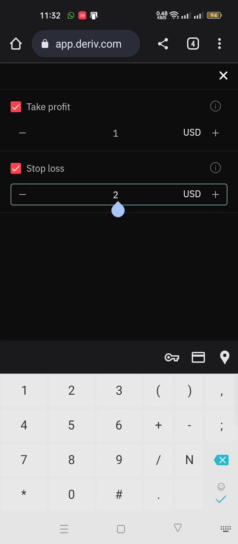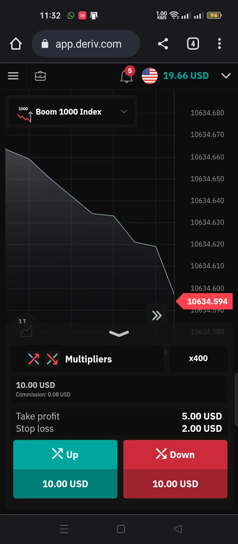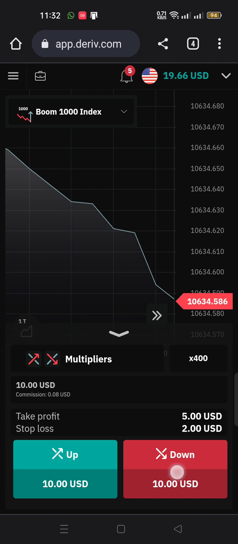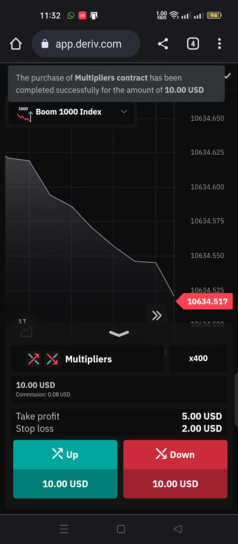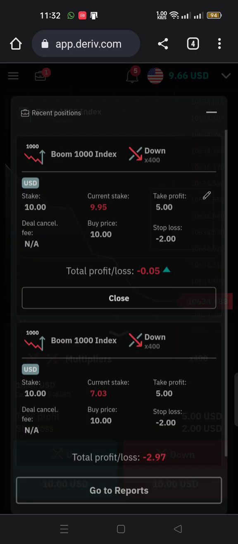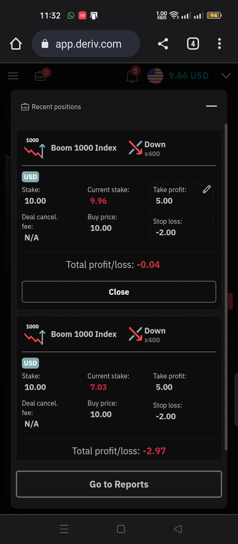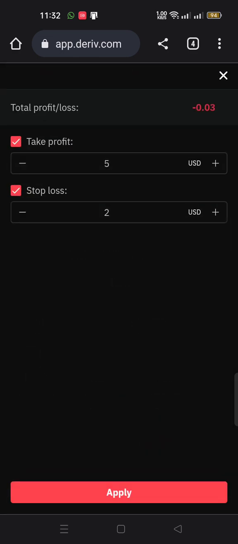Stop loss, you can have it maybe at $5, somewhere there, or you can have $2 here. Then you can still place your trade there and see. So we've placed a trade of $10. This one ended in a loss. This one also is still in a loss.